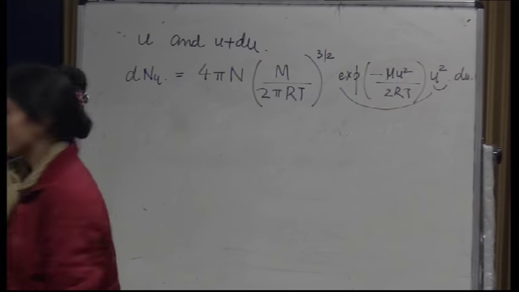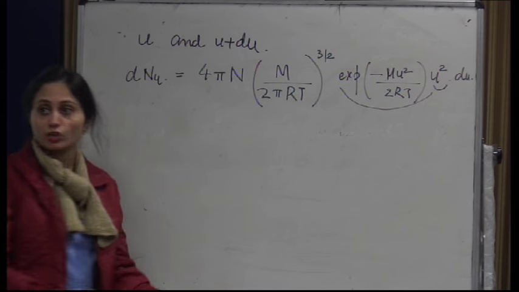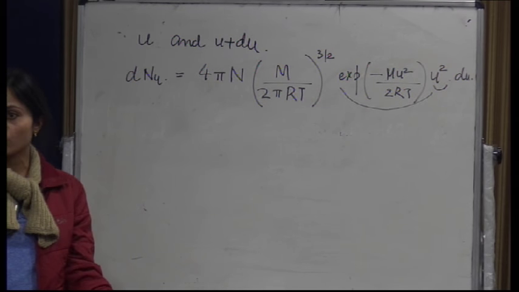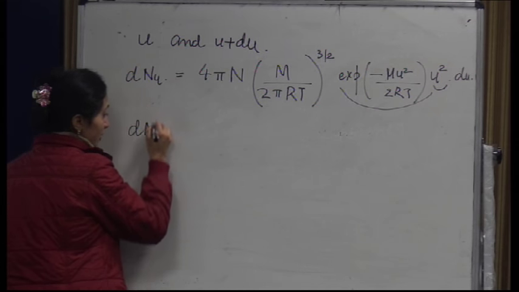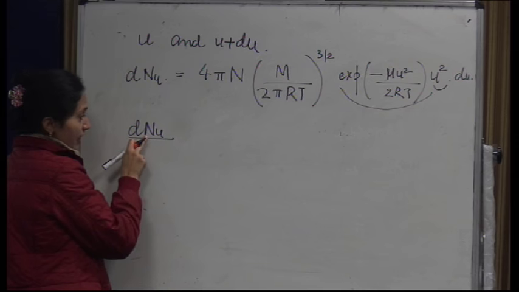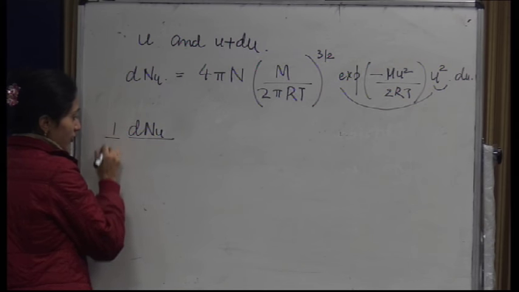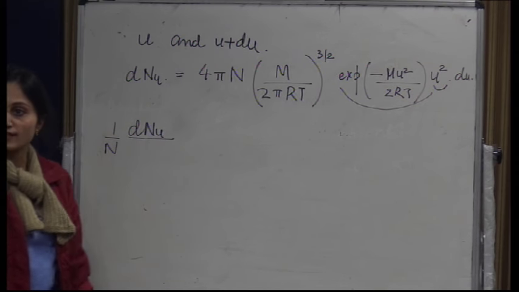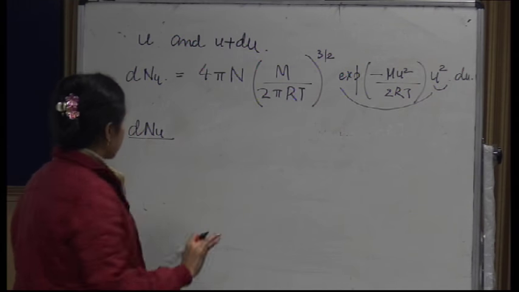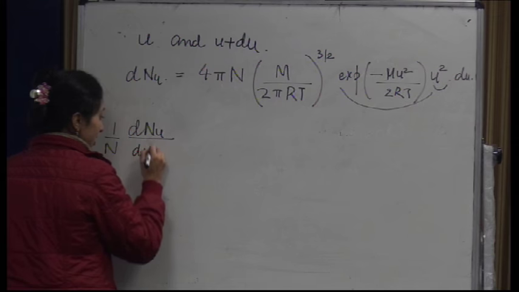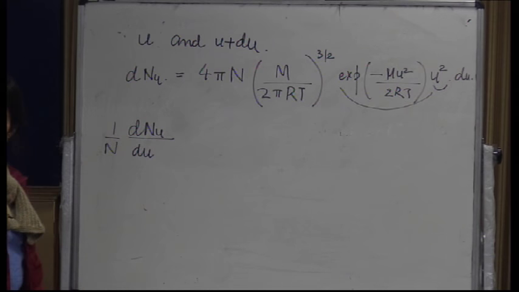Because if I have to plot the fraction of the molecules which are moving between the speed of u and u plus du, तो उस case में, because the fraction मतलब कितने out of the total, so then I will have to divide my dNu by the total number of molecules. Fraction कैसे निकालोगे? इतने number of molecules divided by the total number of molecules. And if I have to check the range, it will be dNu by du.